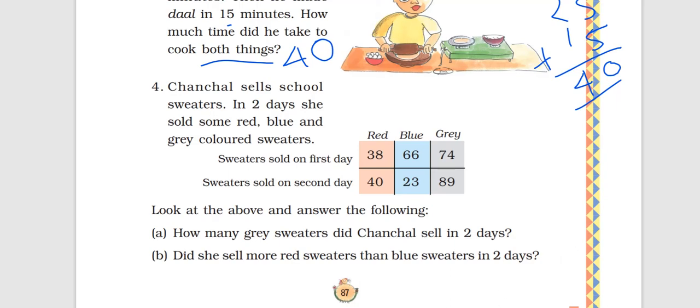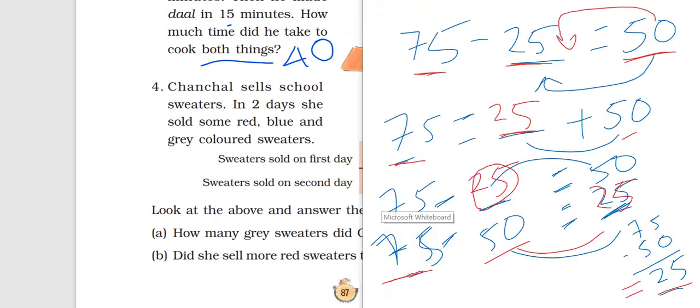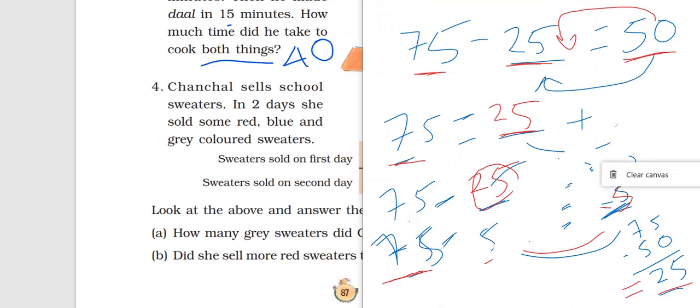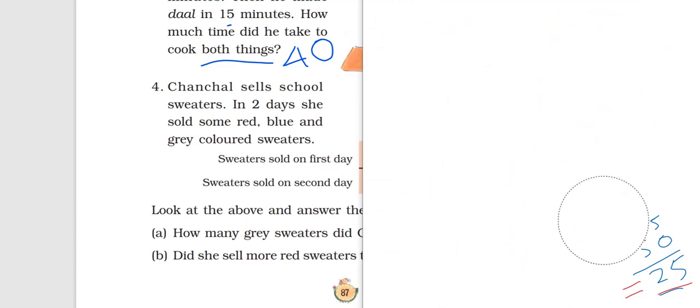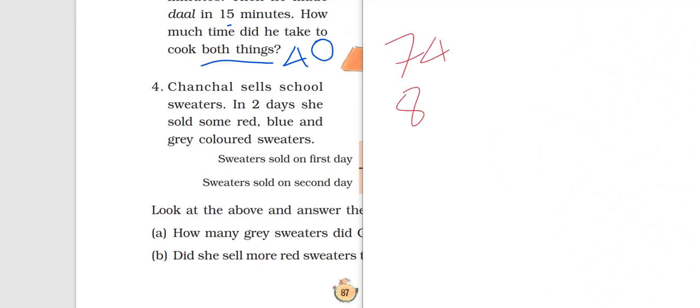So, gray is 74 plus 89, right? 74 and 89. Total number of gray sweaters. 4 plus 9 is 13.